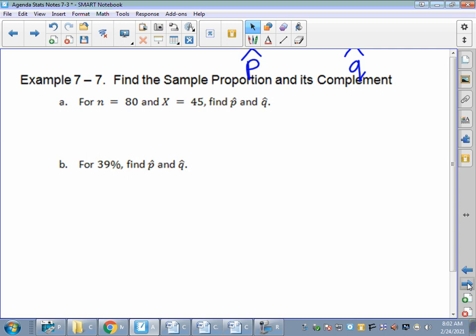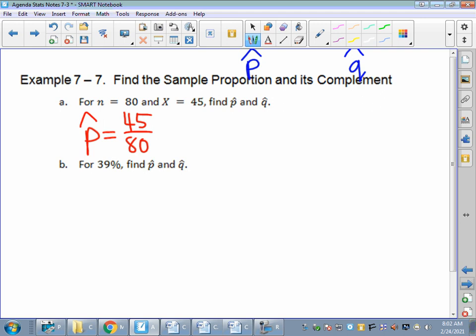Find P hat and Q hat. So it's not given to us, right? So P hat is going to be equal to, maybe I did a sample in school and 45 people walked into someone while texting out of the 80 people that I asked. So I do 45 over 80 to find, oops, I forgot to put my hat. 45 out of 80 would be my P hat.